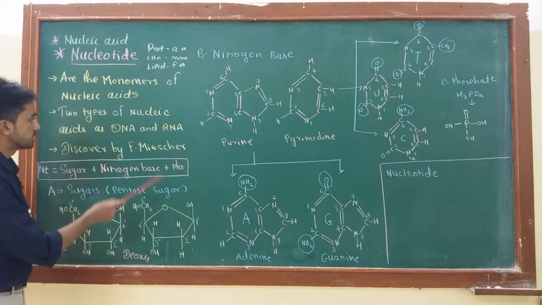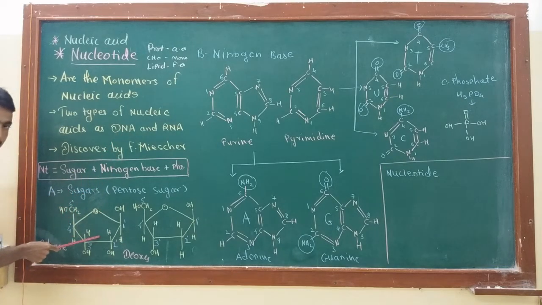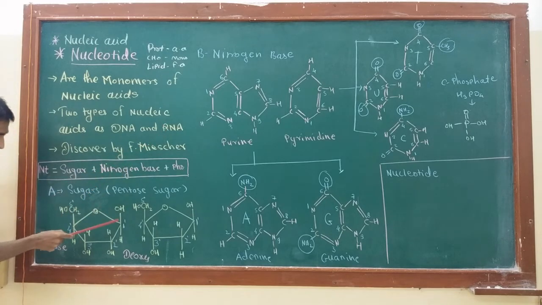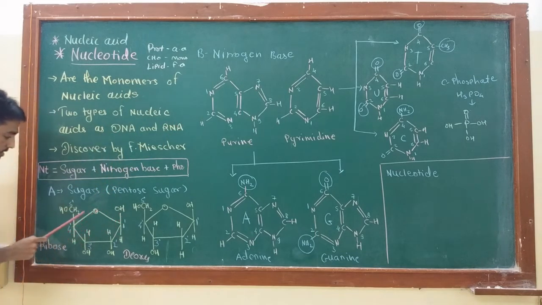Deoxyribose sugar is generally present in DNA, while ribose sugar is present in RNA. The different carbons of this pentose sugar are designated as prime because we have to separate them from the position of nitrogen base. So, pentose sugars are the first and most important component of the nucleotide.